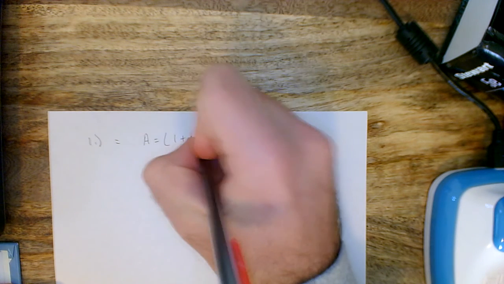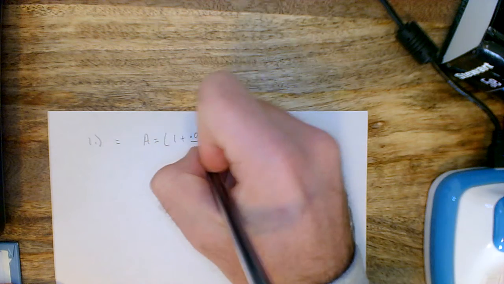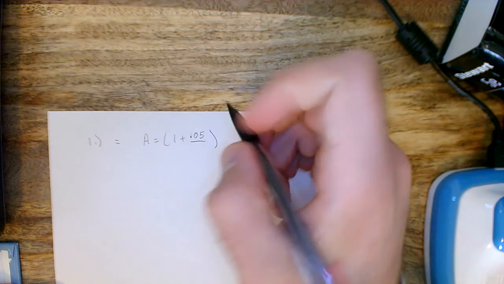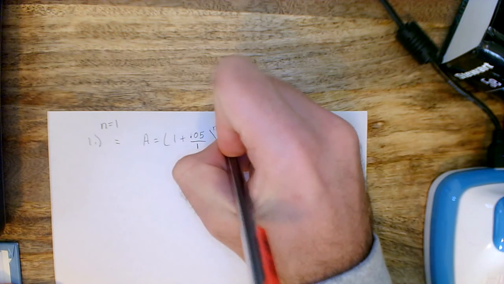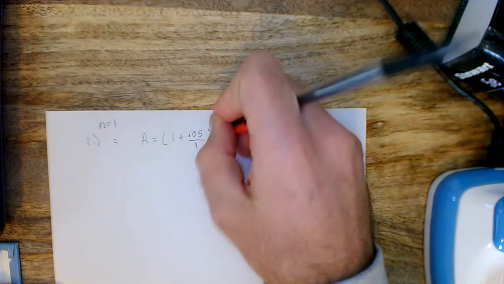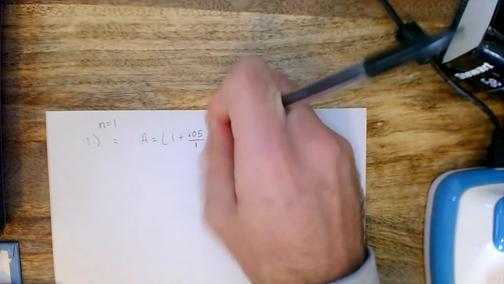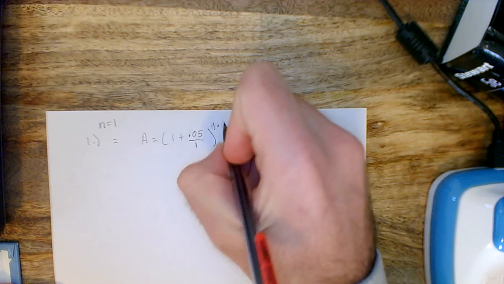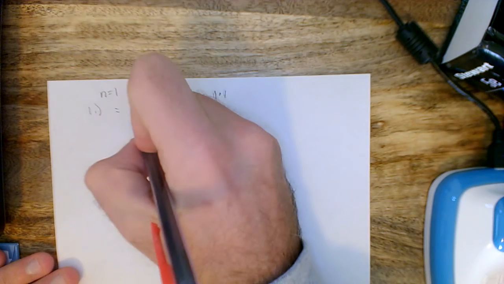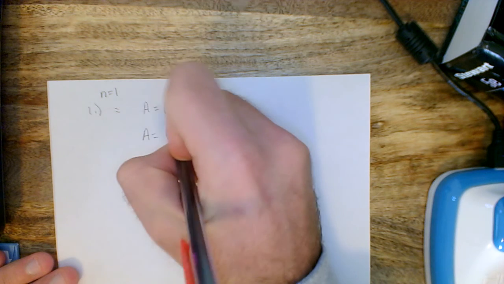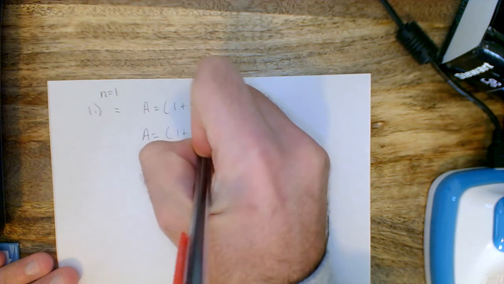So it's 0.05 divided by n, but for the first one, n is annually, so we're compounding it once per year, so n is equal to 1, to the n times t. t is also equal to 1. So we have up here 1 times 1. Right, okay, so that's going to tell us how much we get. So A is equal to 1 plus 0.05.